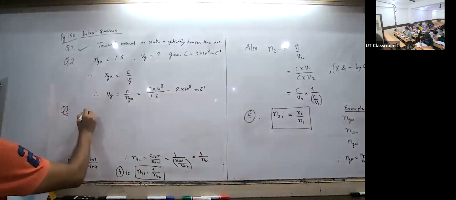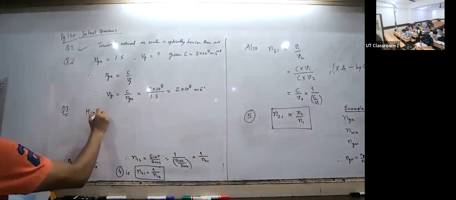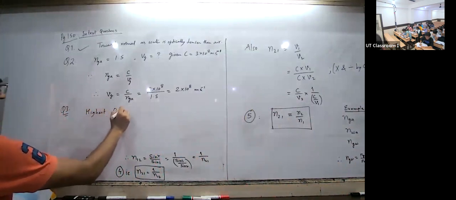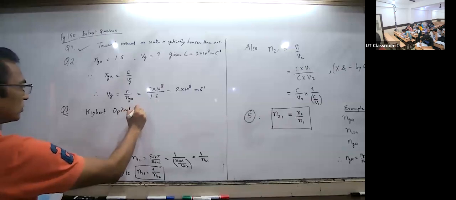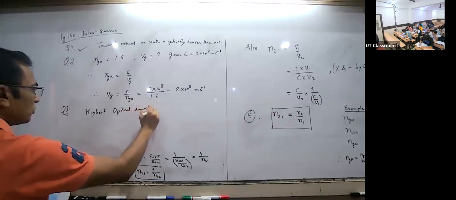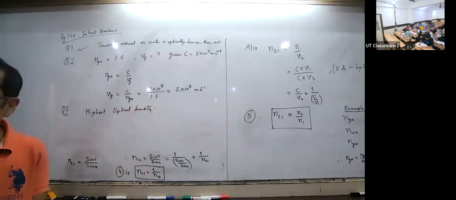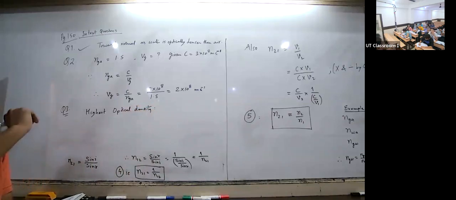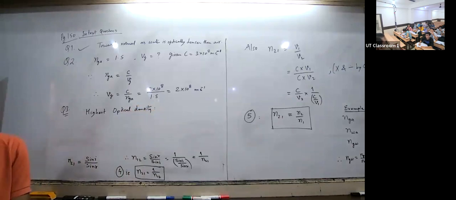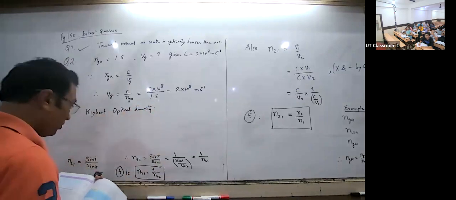Highest optical density. So, a suggestion to all of you, don't be lazy, okay? Start writing the full thing. Don't keep things in your head. It's going to get washed out in just two classes or two days. So just keep writing. What is the highest optical density?